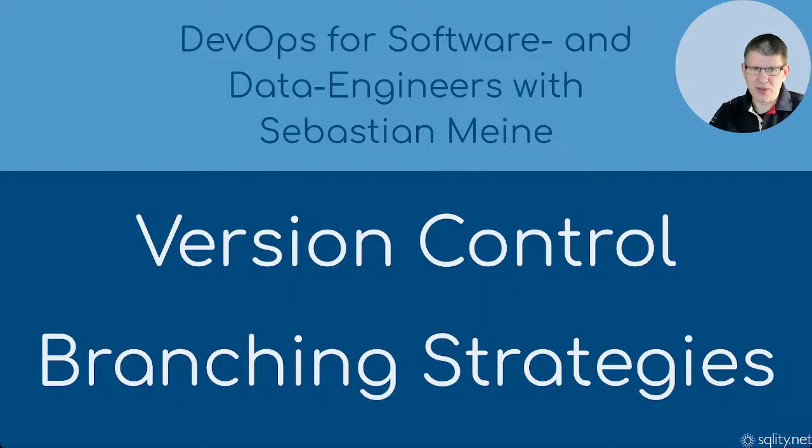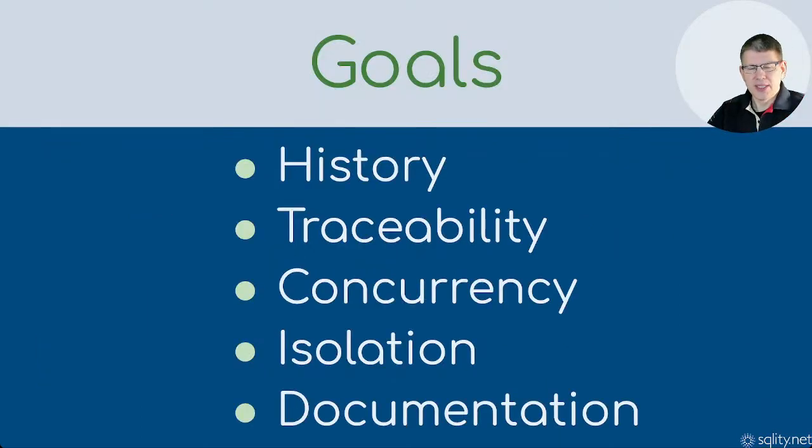But first, let's review what the goals of version control are. Why do we do this? We talked about that in yesterday's video. And really what the goals are is you want to have the history of your changes to your source code. You want traceability. Who did it? When did it happen? Why did it happen?